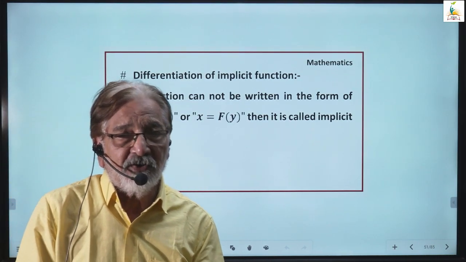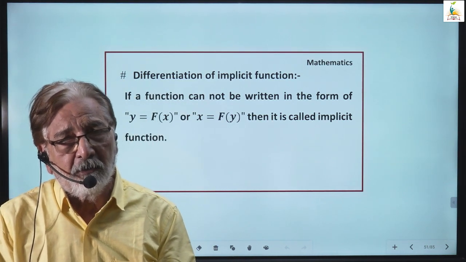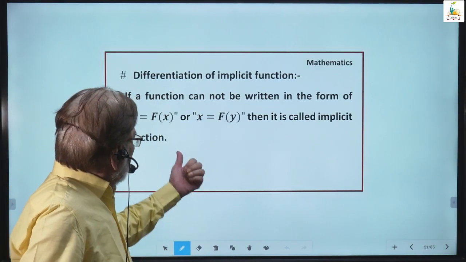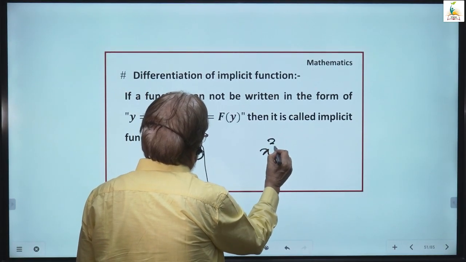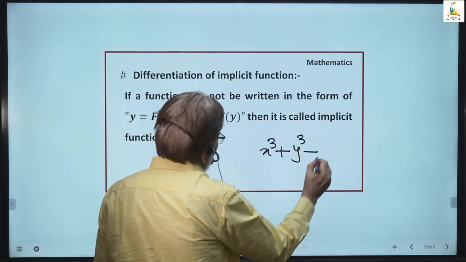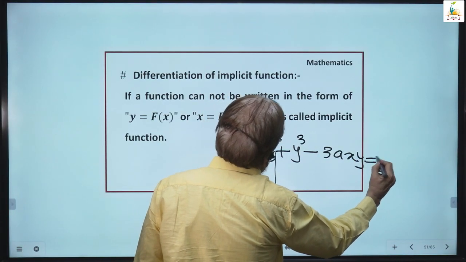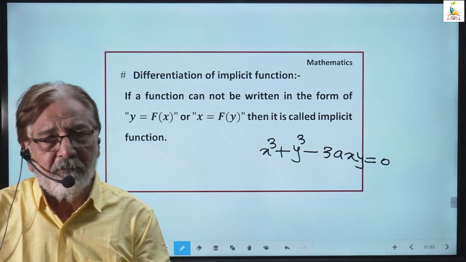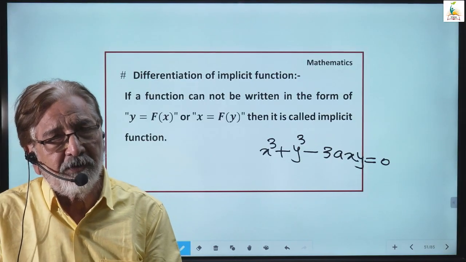But if a function cannot be put in the form of y equal to f(x) or x equal to f(y), then it is called an implicit function. For example, x cube plus y cube minus 3axy equal to 0. We cannot put this function in the form of y equal to f(x) or x equal to f(y). These are called implicit functions.